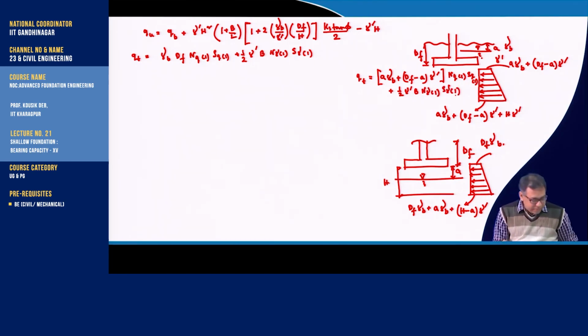Now, if this is the second case, then what would be the top layer bearing capacity?